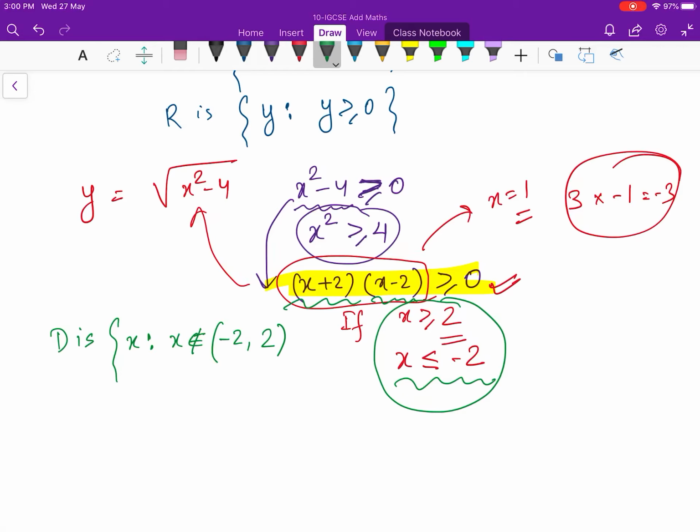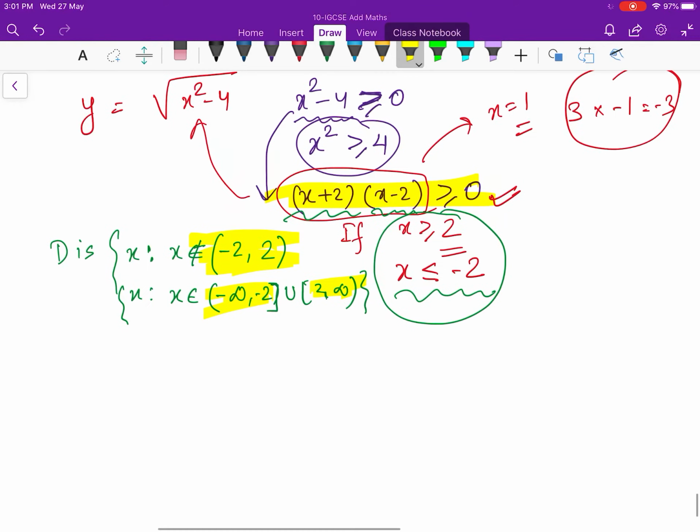Or x belongs to minus infinity to 2 closed bracket, union 2 to infinity. You can say it like this also. Anything will be fine: it should not be between minus 2 and 2, or it should be 2 to infinity or minus 2 to minus infinity.